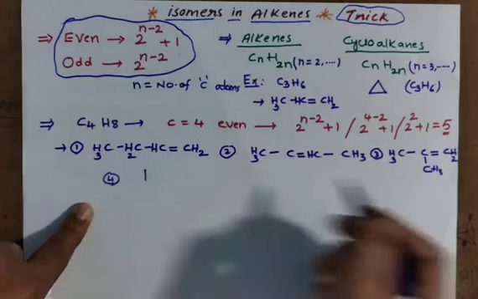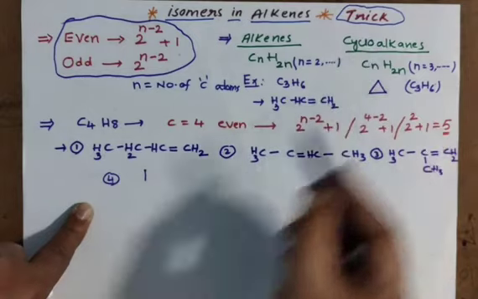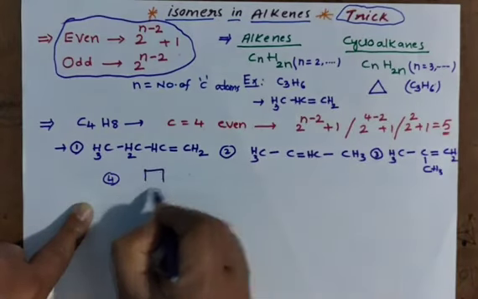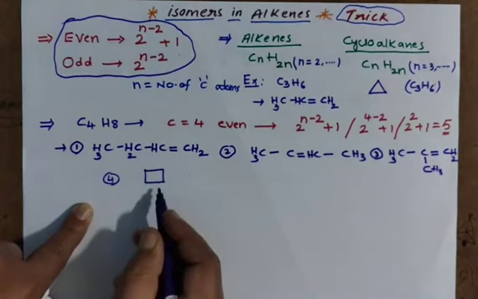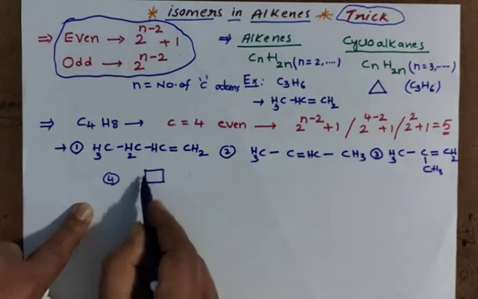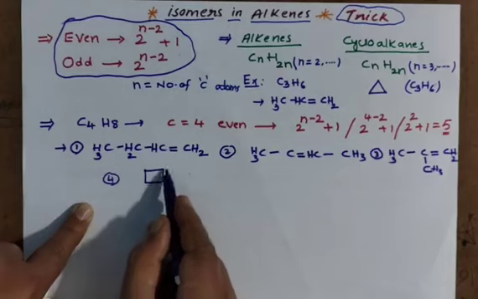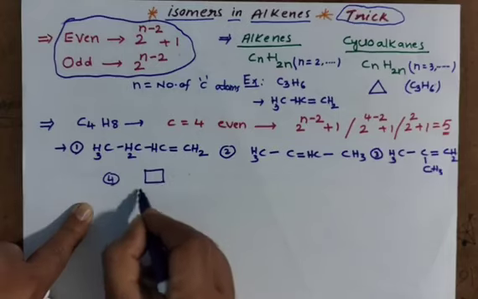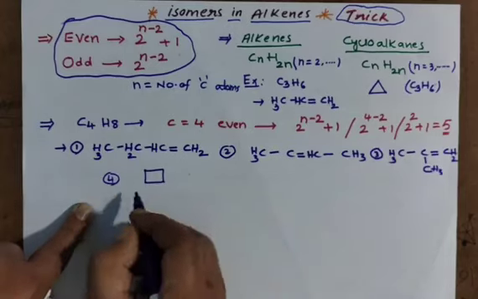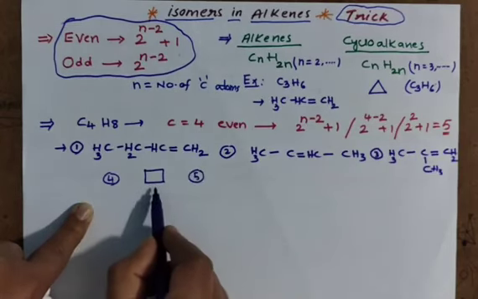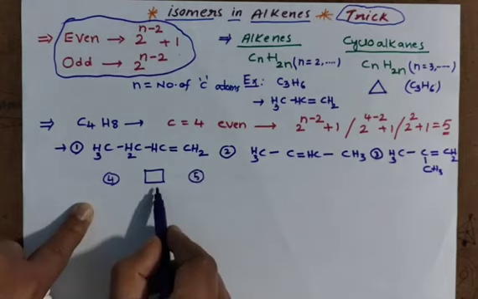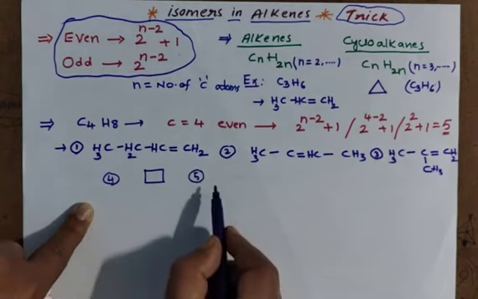Now alkenes are isomers with cycloalkanes. So I am drawing a cycloalkane. This is what I call cyclobutane. The formula is C4H8: CH2, CH2, CH2, CH2. Remember, if a 4 carbon cyclic ring is possible, then a 3 carbon cyclic chain is also possible.